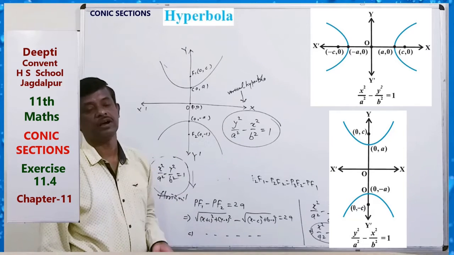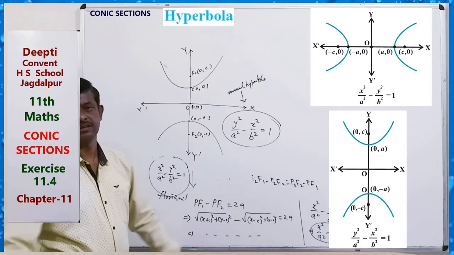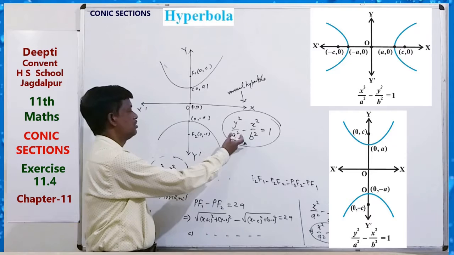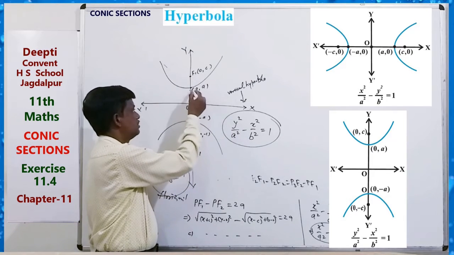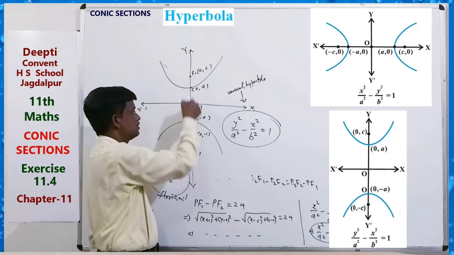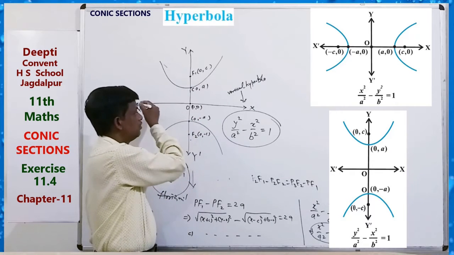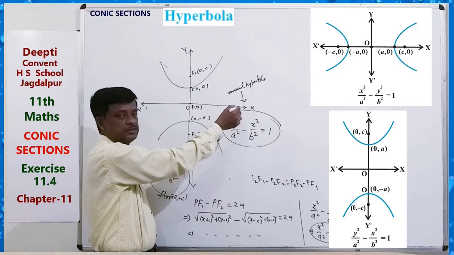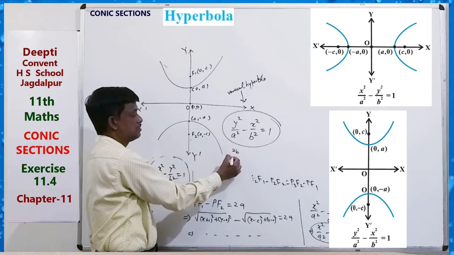This is the equation of the hyperbola, and the remaining things are same as the ellipse. So here also the foci are this and this, vertices this and this, transverse axis along the y-axis, this distance is the conjugate axis, conjugate axis length 2b, transverse axis 2a.